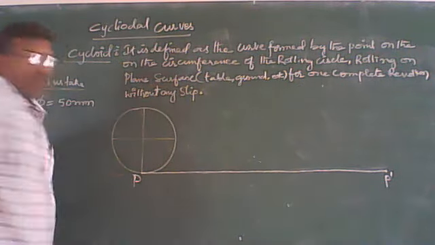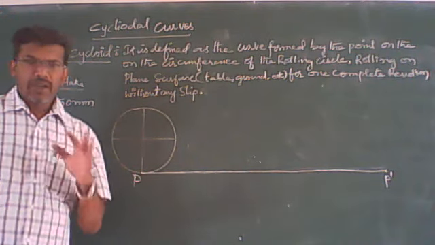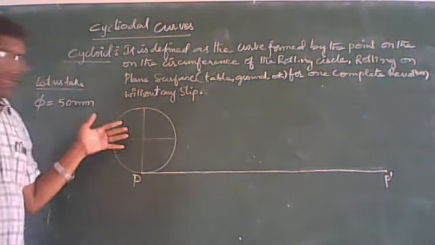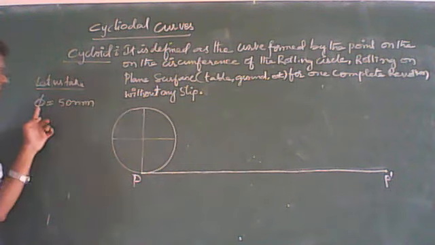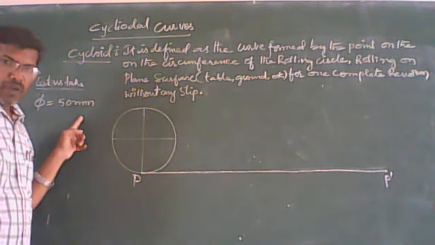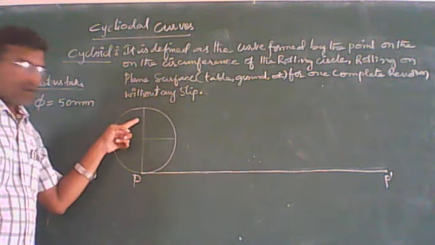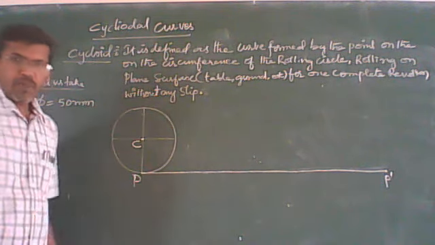So I think you have got a clear idea about the definition of a cycloid. So now take a circle. Let us assume the diameter of the circle is 50 mm. Now I have drawn a circle with the center C as a point.